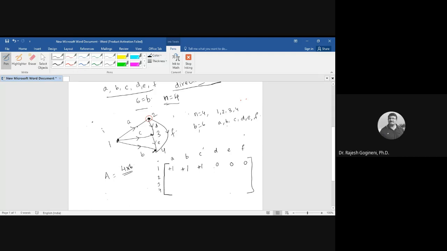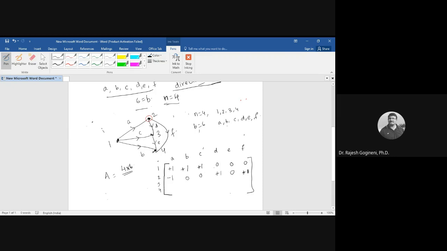A, D, F. But here A is moving towards node 2, so what is the entry for A? -1. D is +1. F is also +1. Right? Remaining are zeros.